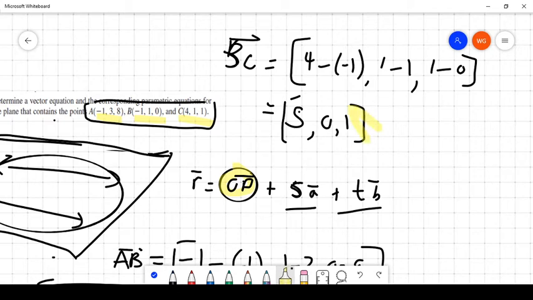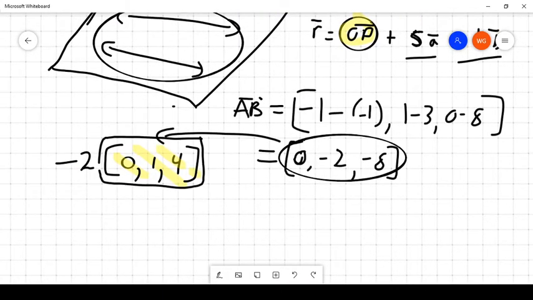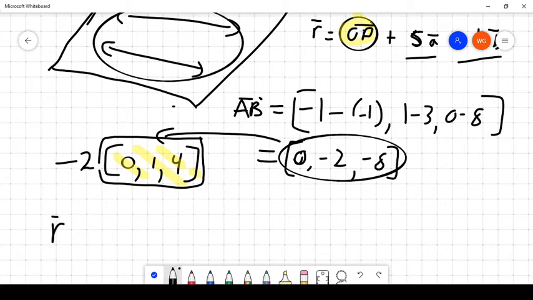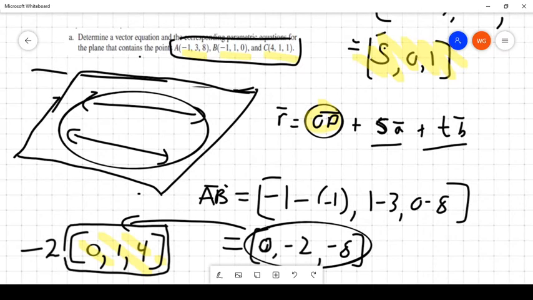We got a direction vector of 5, 0, 1, and we got a direction vector of 0, 1, 4. So our plane equation is going to be, now you're going to pick any one of the points that lie on your plane. I'll pick 1, negative 1, 3, 8.